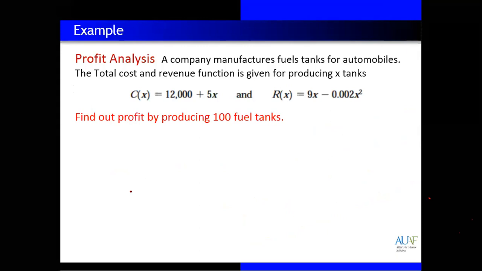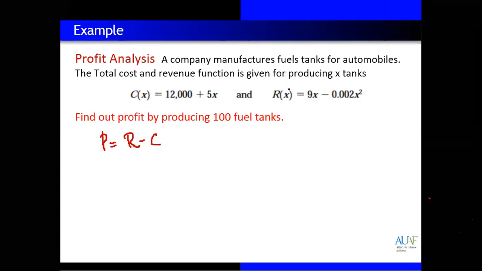The total cost and revenue functions are given for producing x tanks. We need to find the profit by producing 100 fuel tanks. We know the formula: profit is equal to revenue minus cost.